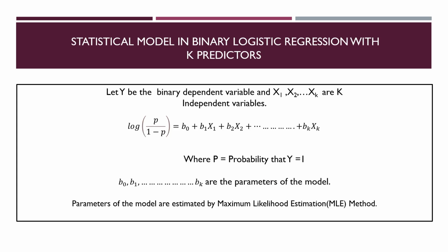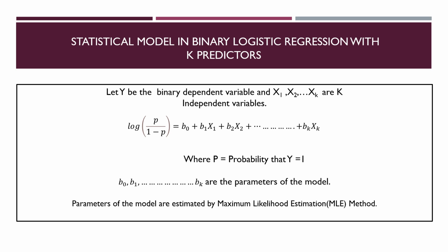So the final statistical model for binary logistic regression is given as seen in this slide. If y is the binary dependent variable and x1, x2, ..., xk are k independent variables or predictors, then the model for binary logistic regression is given as log of p upon 1 minus p equals b0 plus b1 x1 plus b2 x2 plus ... plus bk xk, where p is the probability that y is equal to 1.